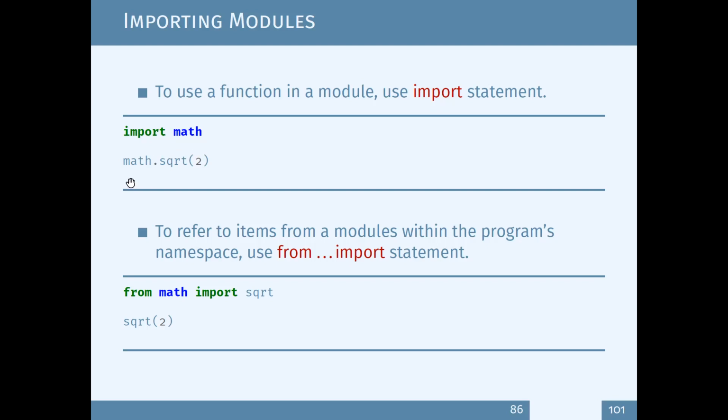When you say import math, all the functions within the math module are available for you to use in your program. But remember, for each function, you have to use the module name. For example, if you want to calculate the square root of 2, we have to say math dot square root, and then type the number.